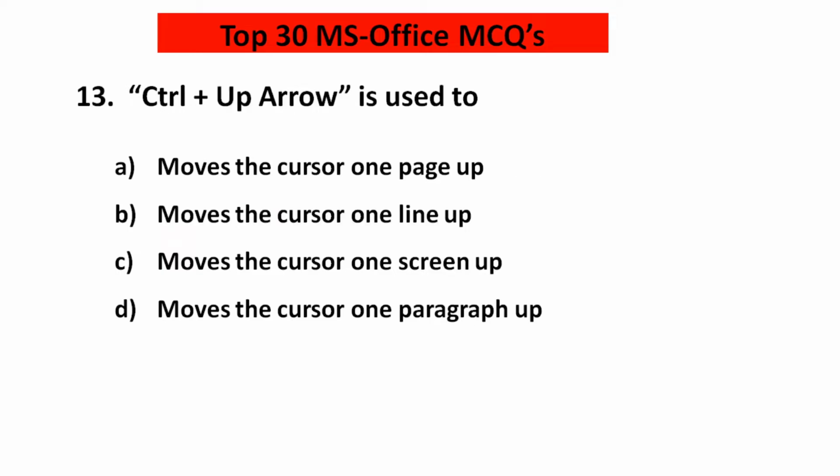Next question, Ctrl plus up arrow is used to. Options A move the cursor one page up, B one line up, C one screen up, D one paragraph up. And right answer is option D move the cursor one paragraph up.